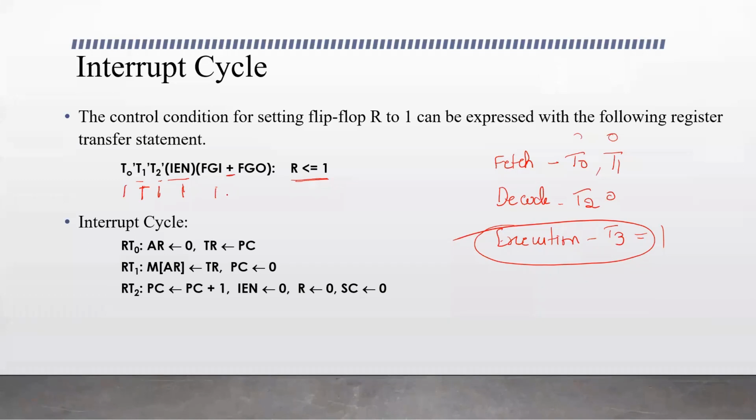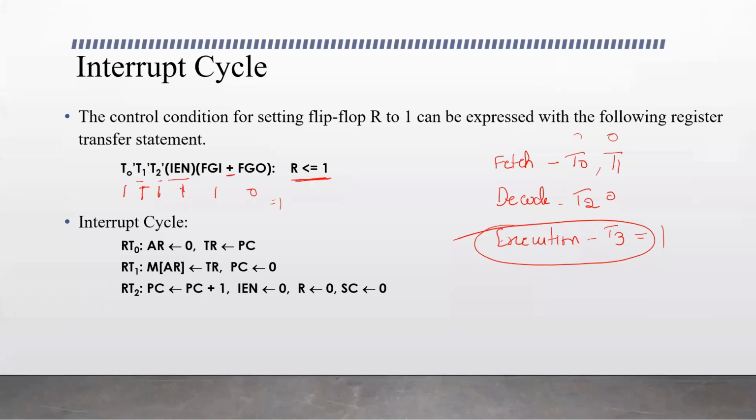If there is an input interrupt, this is 1 and the other will be 0. When you perform the OR operation, you get 1. And when all these conditions are set, R will be 1. So R decides when to go through the interrupt cycle.